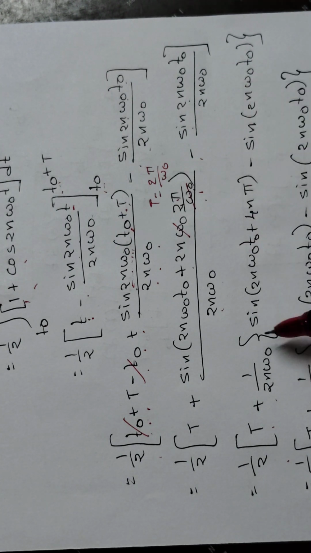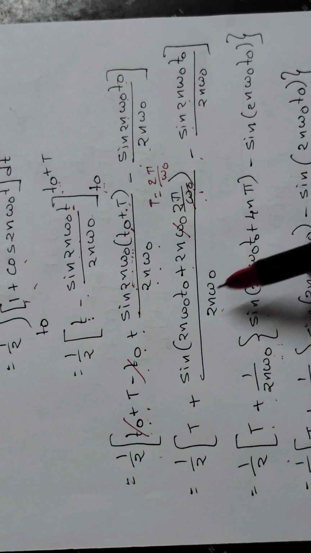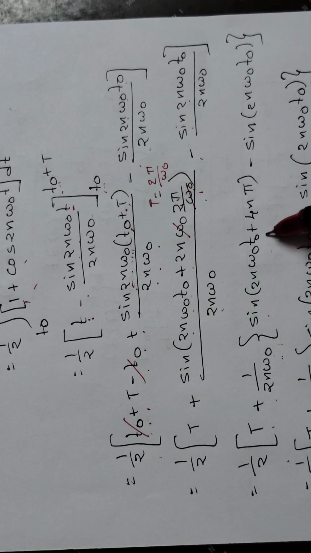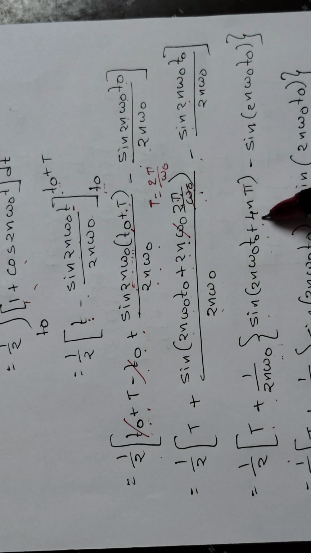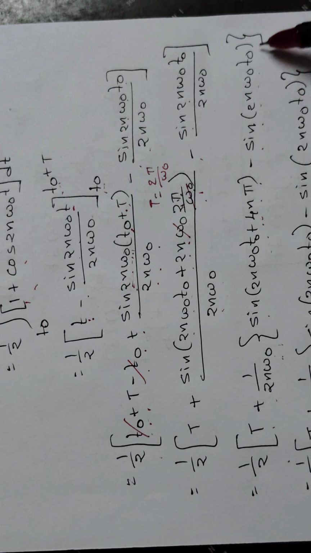These two are common, right? You have to take that common. 1 by 2n omega naught times sine 2n omega naught t naught plus 2n into 2 pi. What is that? 4n pi, minus sine 2n omega naught t naught.